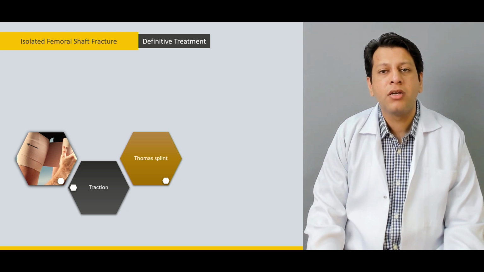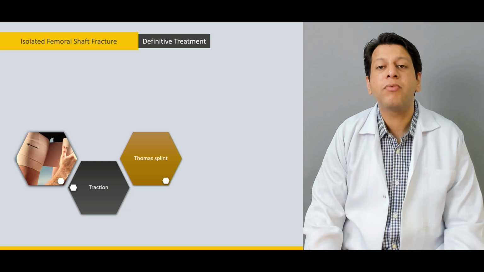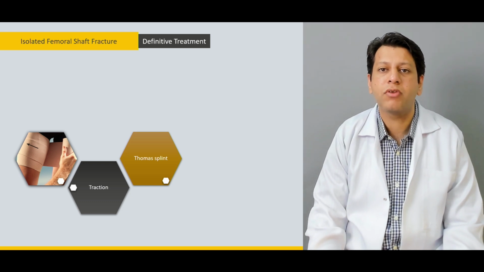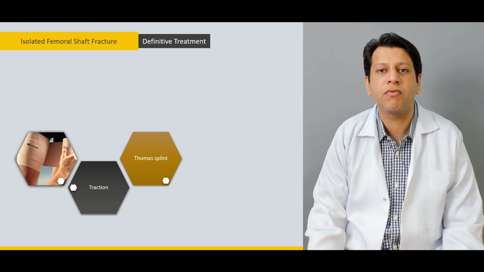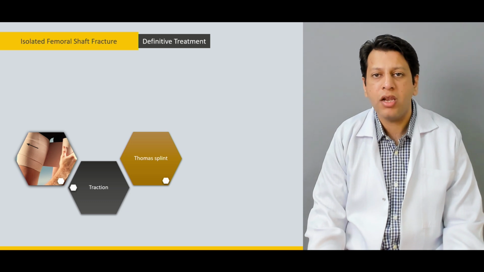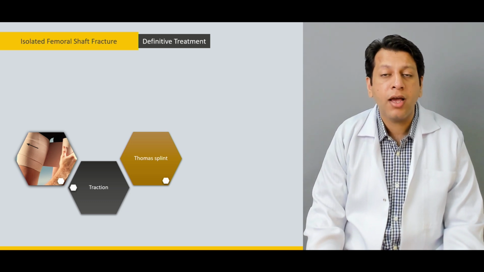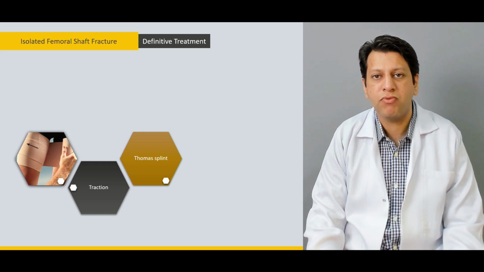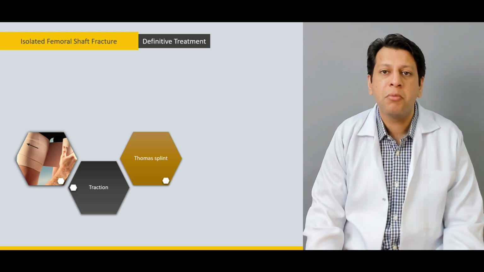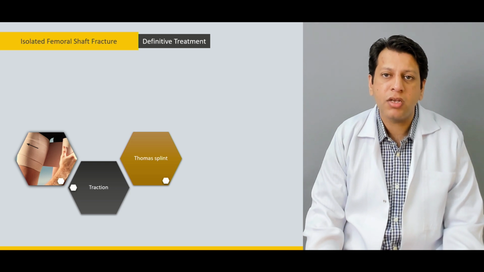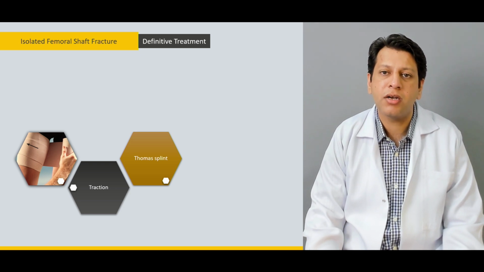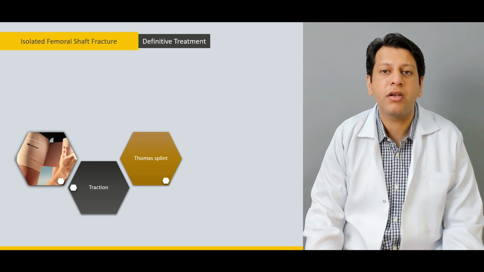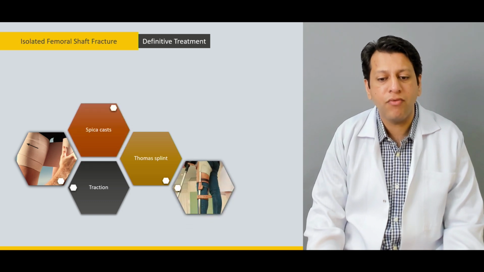But usually traction in the form of skin traction is more than enough nowadays, because we have to go for definitive fixation, whether in the form of a nail or plate. Thomas splint has been utilized since World War II, but it's a temporary measure in which we can keep the splint and patient immobilized till the definitive fixation is available.